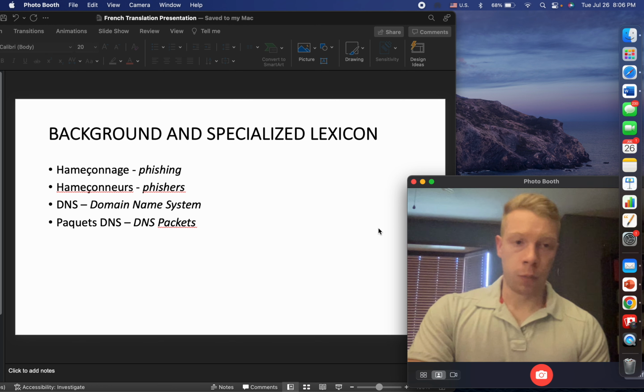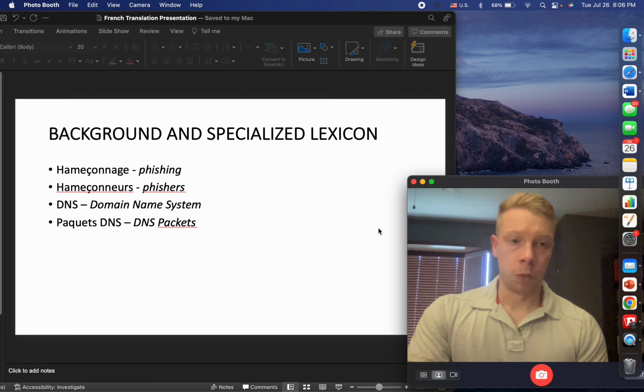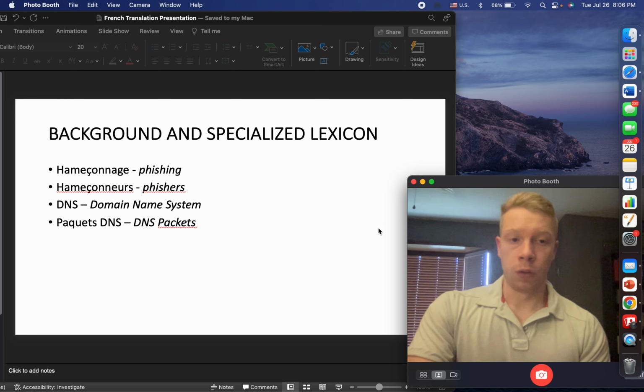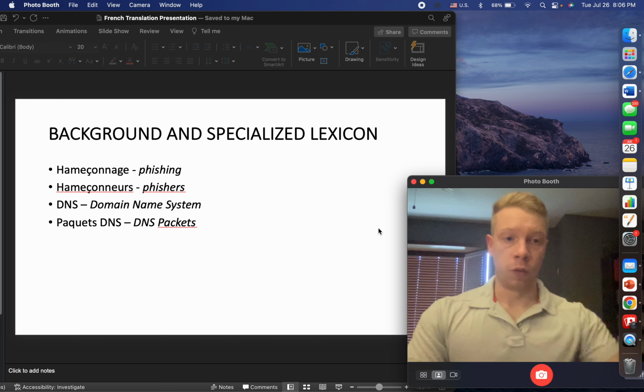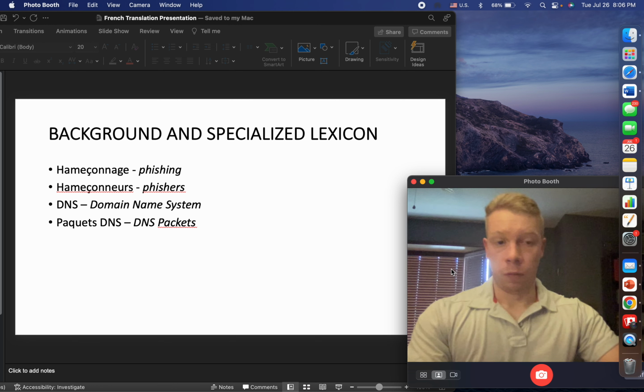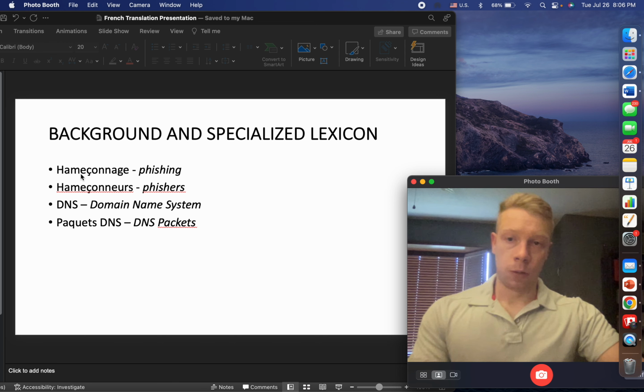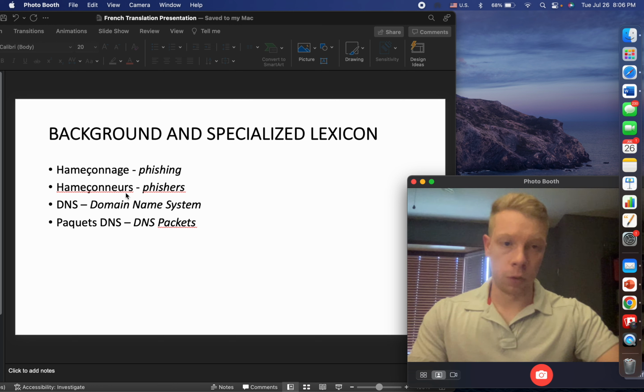Phishing is a type of social engineering designed to trick internet users into giving personal information that may be financial in nature, especially. So this is the act of phishing, and this would be the criminal behind the phishing attack, a phisher.